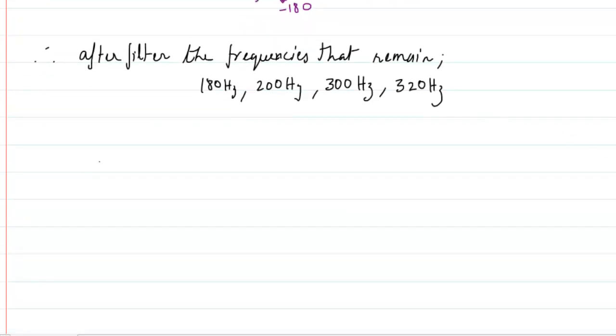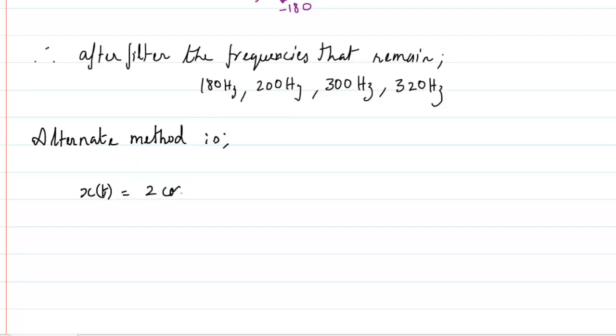Another alternate method is, see, the signal that we have got is x of t is equal to 2 cos 400 pi t plus 6 times cos 640 pi t.